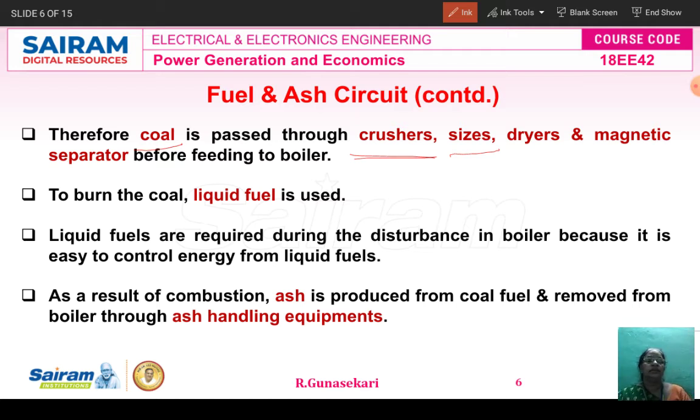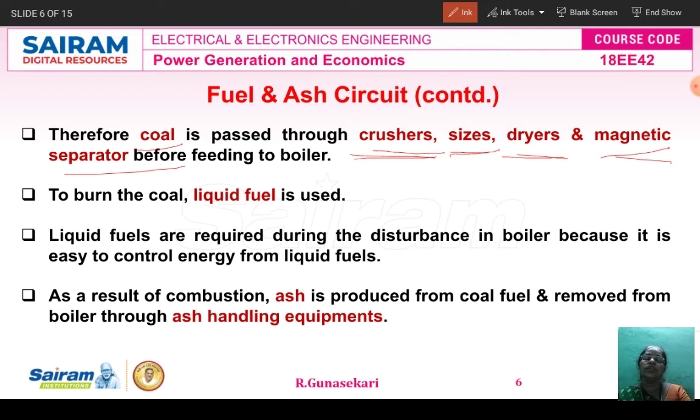Then the sized coal is dried by the dryers. Then the dried coal is separated by the magnetic separator before feeding to the boiler. That coal is called pulverized coal. So these are the processes: crushers, sizers, dryers, magnetic separators. This is how unsized coal becomes pulverized coal.